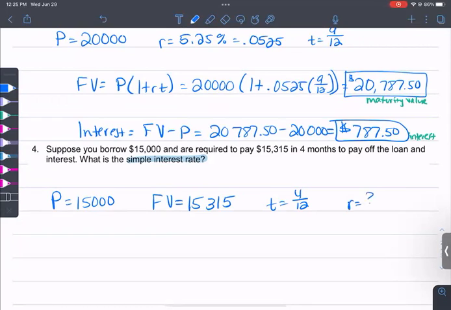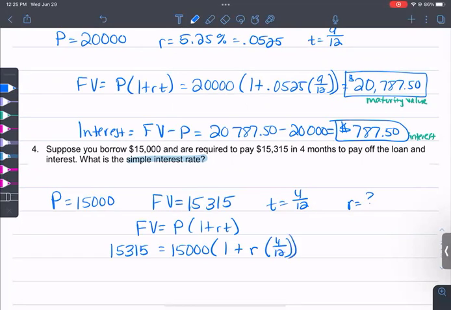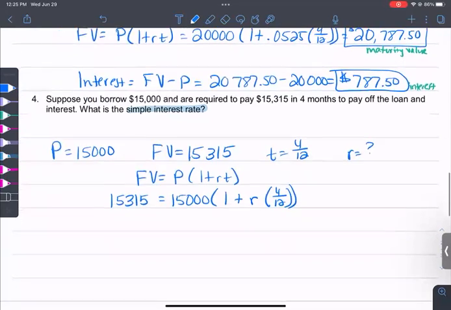So this is manipulating our formula a little bit to find a different value. So our future value formula, P times 1 plus RT. I have the future value. I have the principal. I have 1 plus R, I don't know. T is 4/12. So we need to just solve the equation from there.